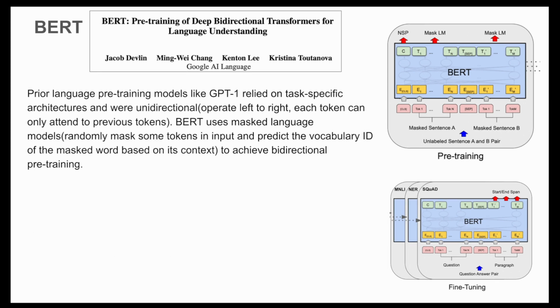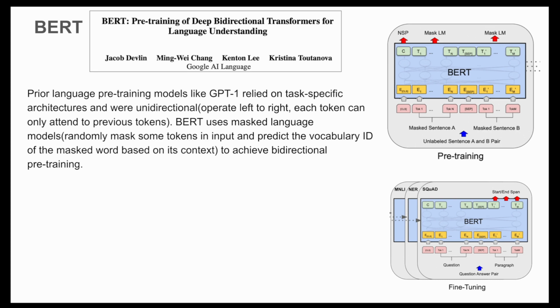So prior language pre-training models like GPT-1 relied on task-specific architectures and were unidirectional. Unidirectional means they operate left to right, and that means that each token can only attend to previous tokens.